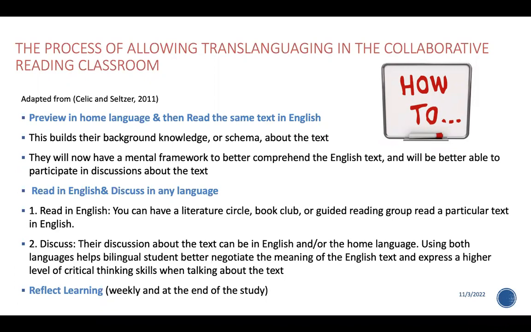So apart from the collaborative translanguaging task, weekly they were able to reflect on this learning as a group. This was conducted weekly throughout the 6 weeks, and also at the end of the whole period. Each student was interviewed and was given a reflection sheet to reflect on certain aspects of the learning, which was quite interesting, to see the differences.